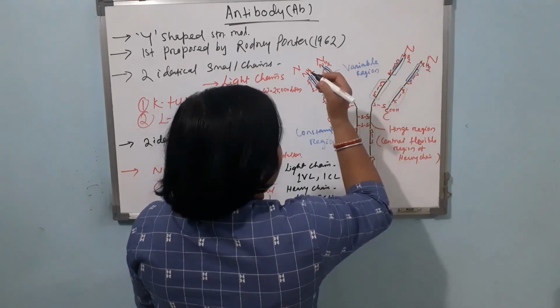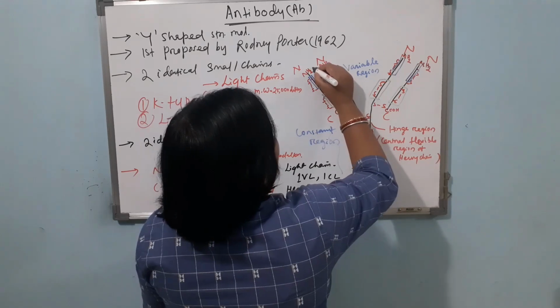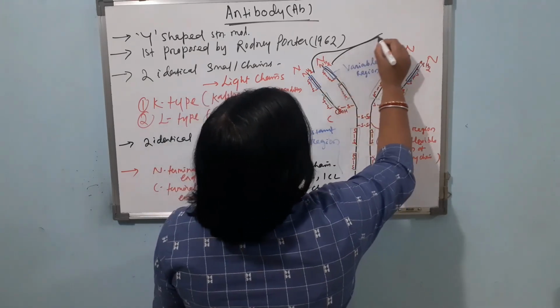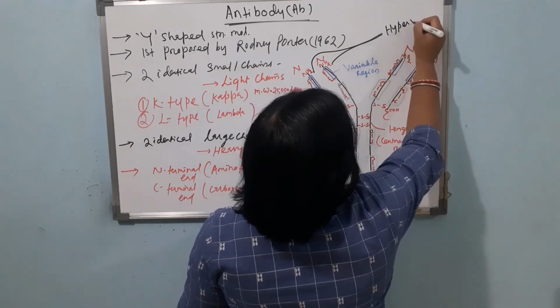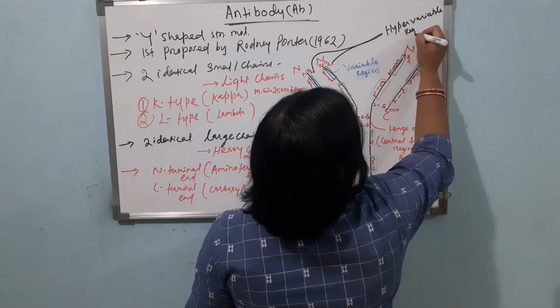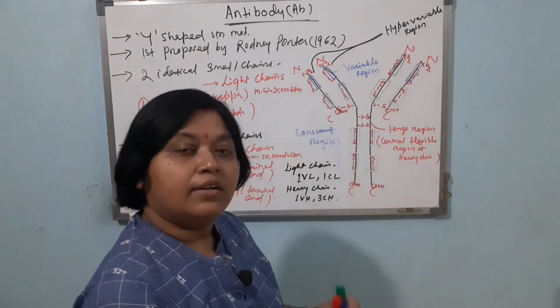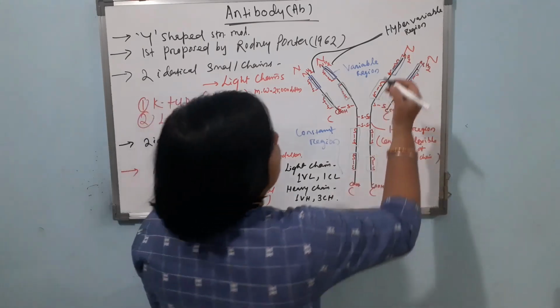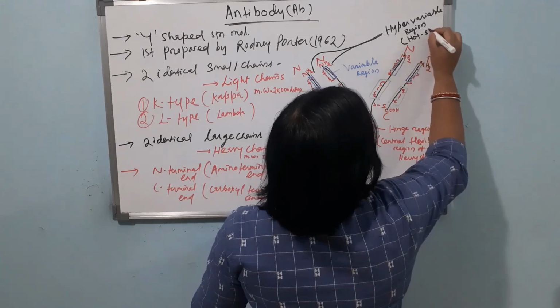So, in variable region some part which is known as hypervariable region having inconsistent sequence known as hot spot.